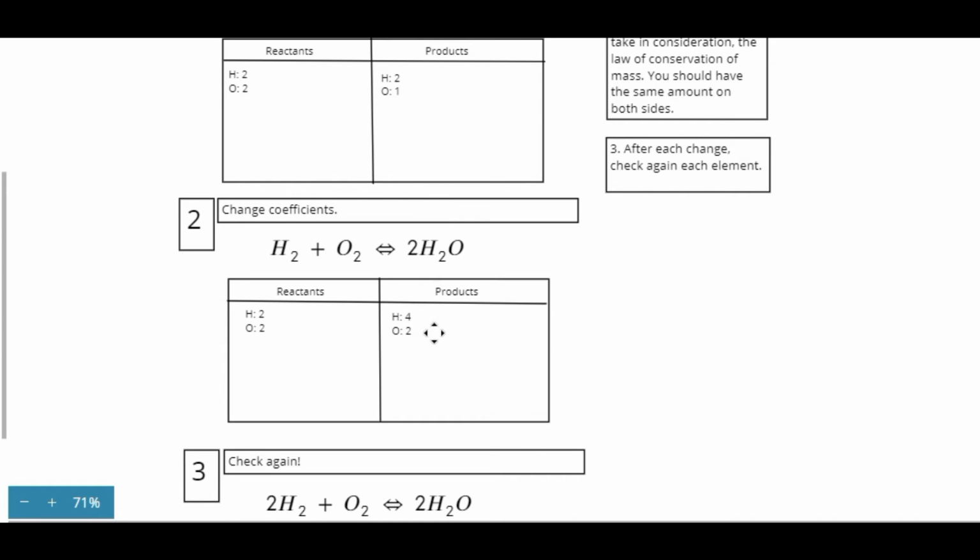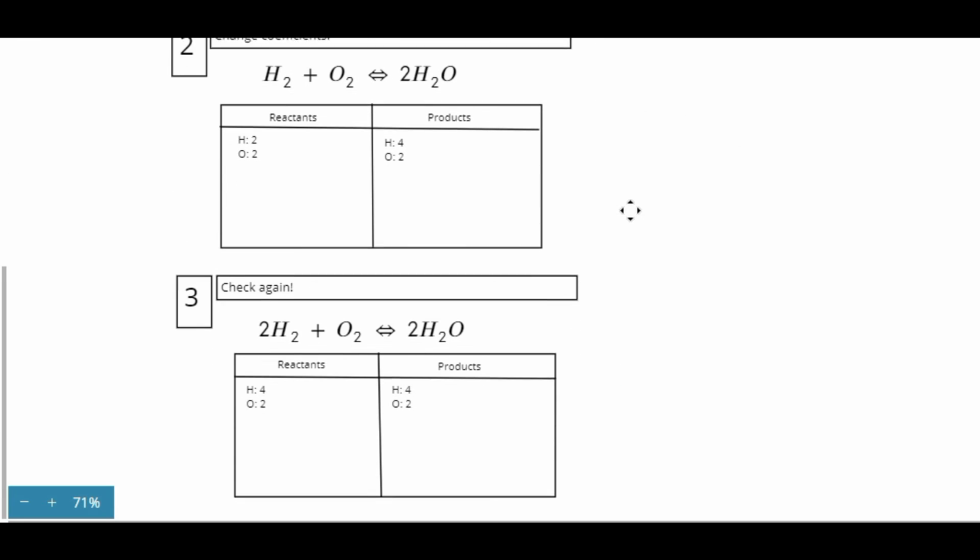Here in this case I put a 2 that will affect the oxygen. So now I have 4 hydrogens, because 2 by 2 is 4, and 2 by 1 is 2. So we have 2 oxygens on each side, but now you have to check again, because as you can see we have 4 hydrogens on our products and 2 hydrogens on our reactants.